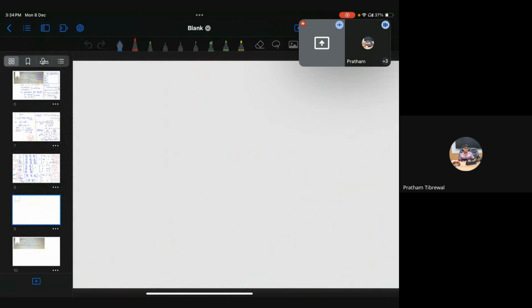Suppose we want to linearize the given system of equations about some equilibrium point, x equilibrium, y equilibrium.